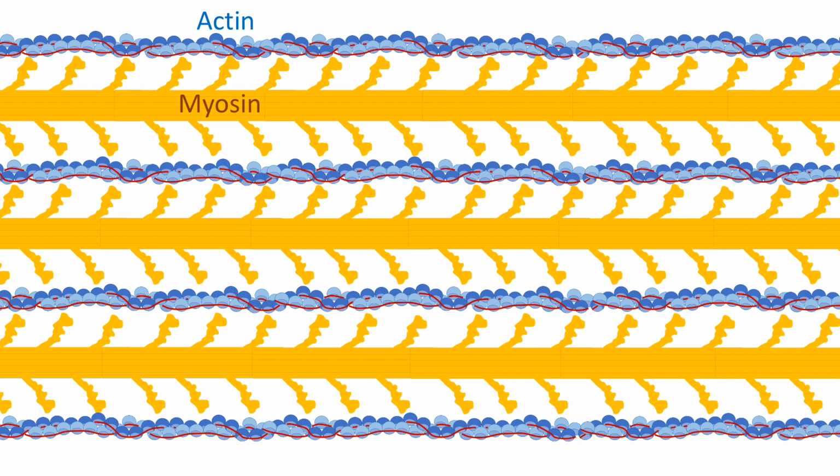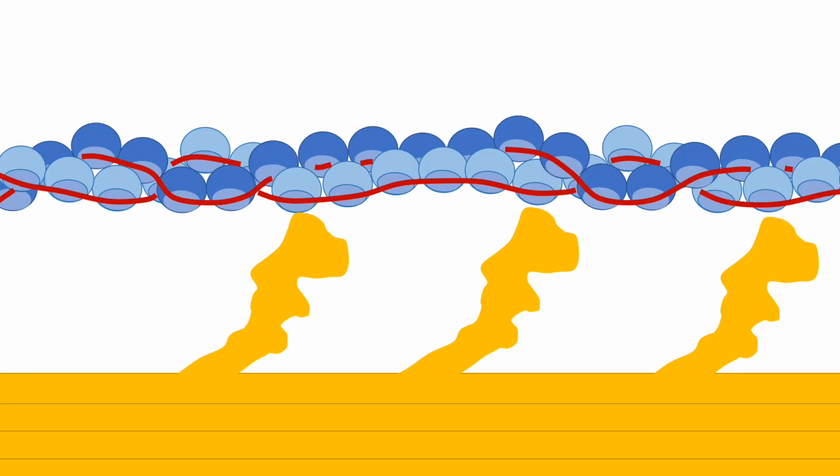Again, we're going to focus in even more before we get into this process of the sliding filament theory. So I'm going to draw a box here, and we're going to focus on that part. So here we are. We focus right in now.